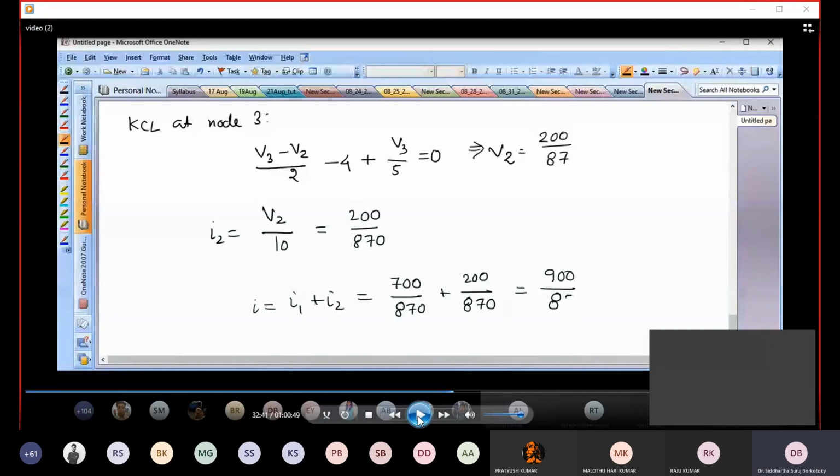Most of the time, source transformation can make it very easy when you have a current source in parallel with a resistor or a voltage source in series with a resistor, depending on whether you're looking for a voltage or a current. The whole problem might become much easier. So you are right, I agree with you.